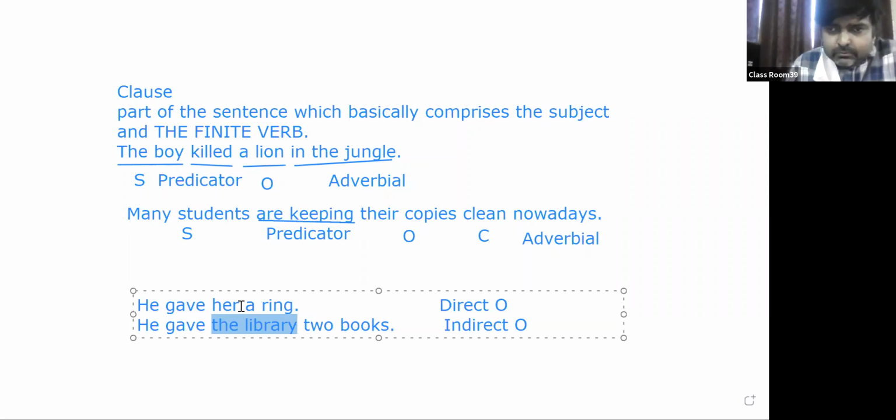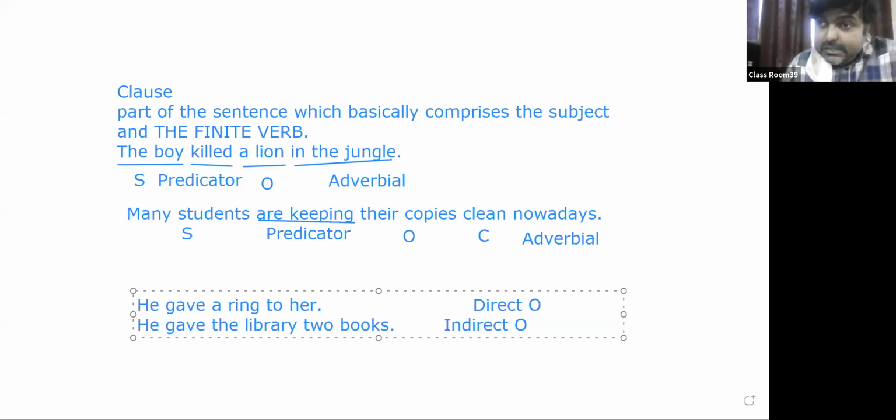Now this is another example I would like to give you, because please remember this, what I am telling you. Now I am just changing the structure a bit. Look at this sentence.